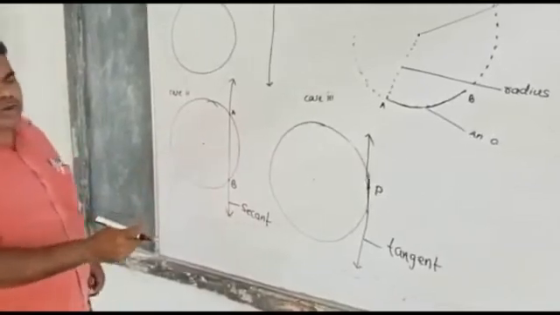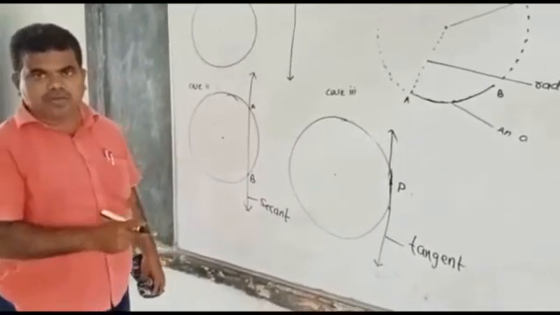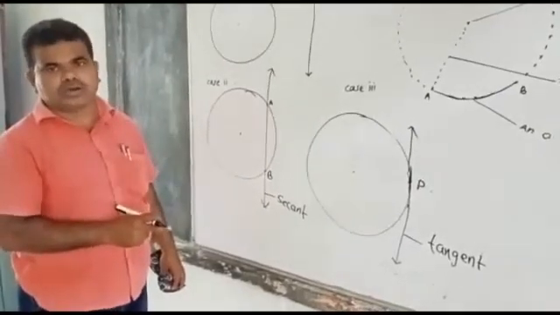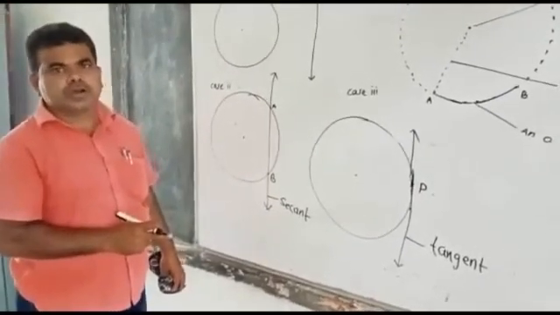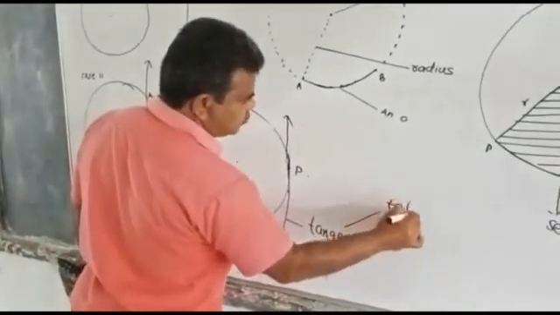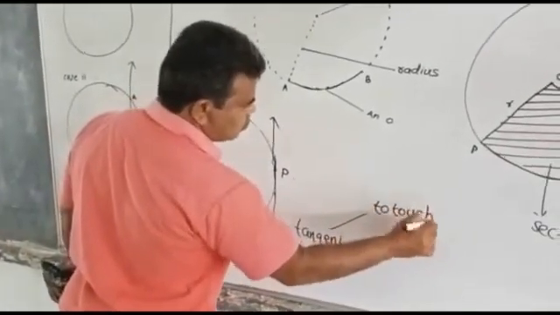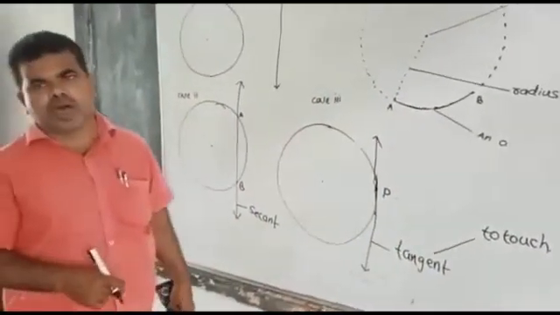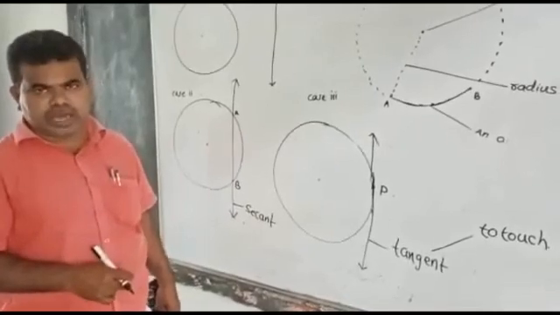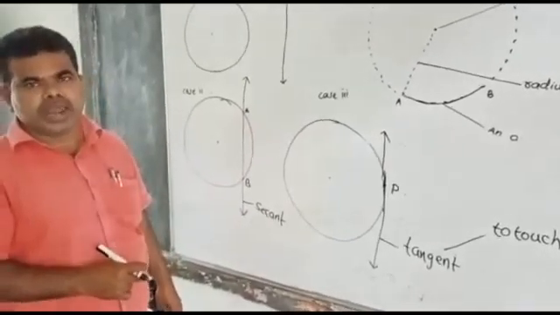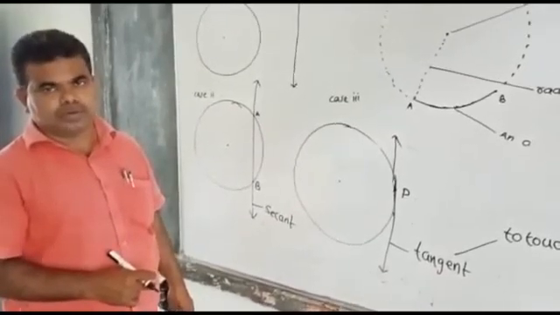The word tangent is derived from tangere, a Latin word which means to touch. It was introduced by the Danish mathematician Thomas Fincke in 1583. Okay, thank you.